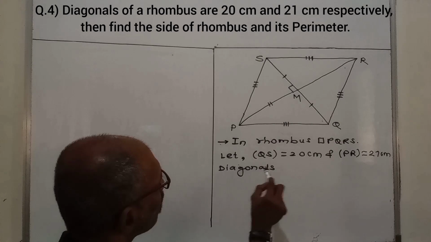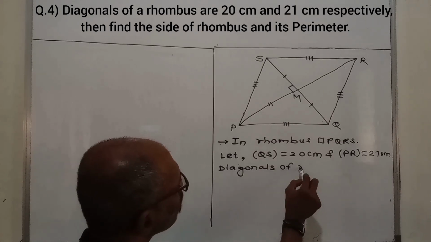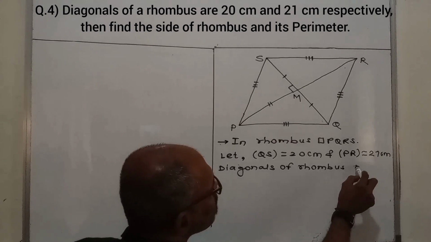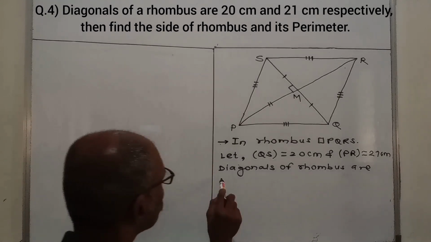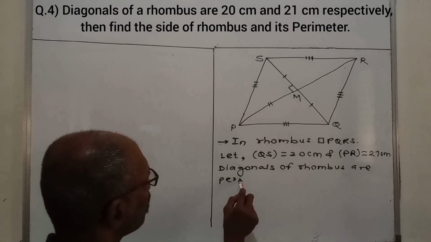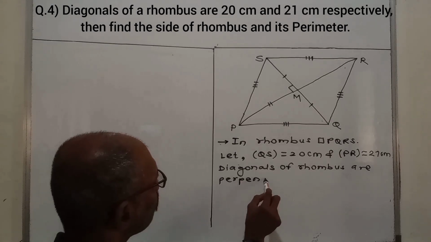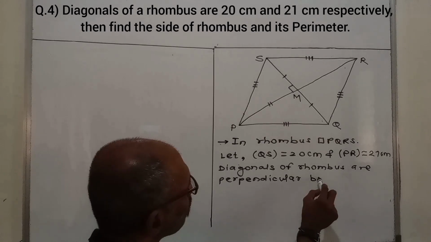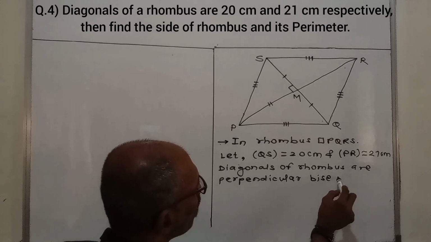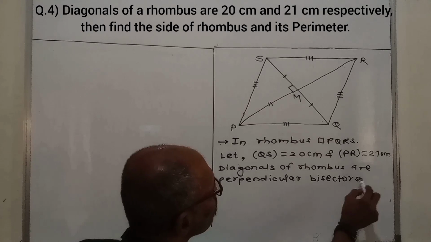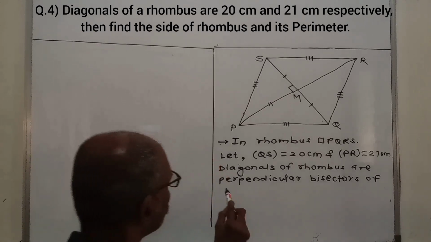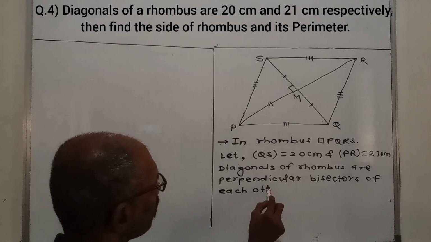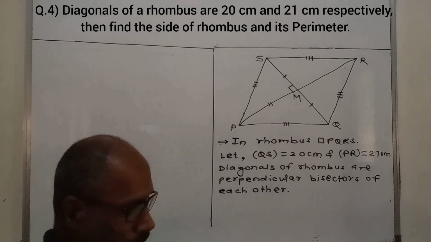diagonals of a rhombus are perpendicular bisectors of each other.